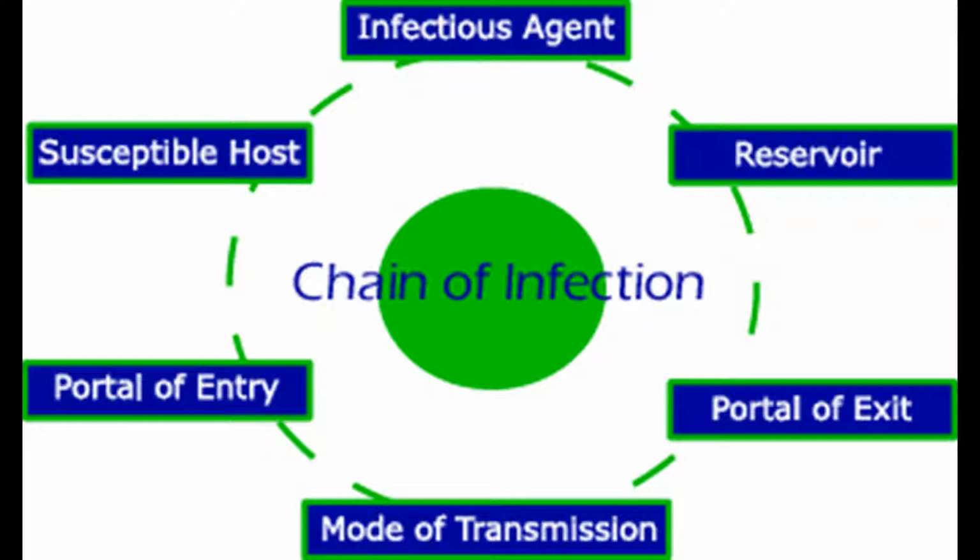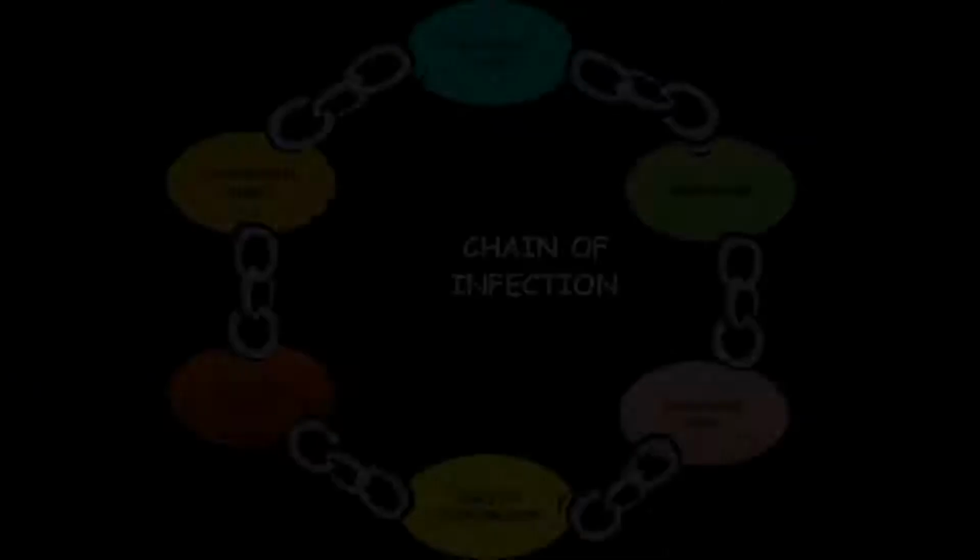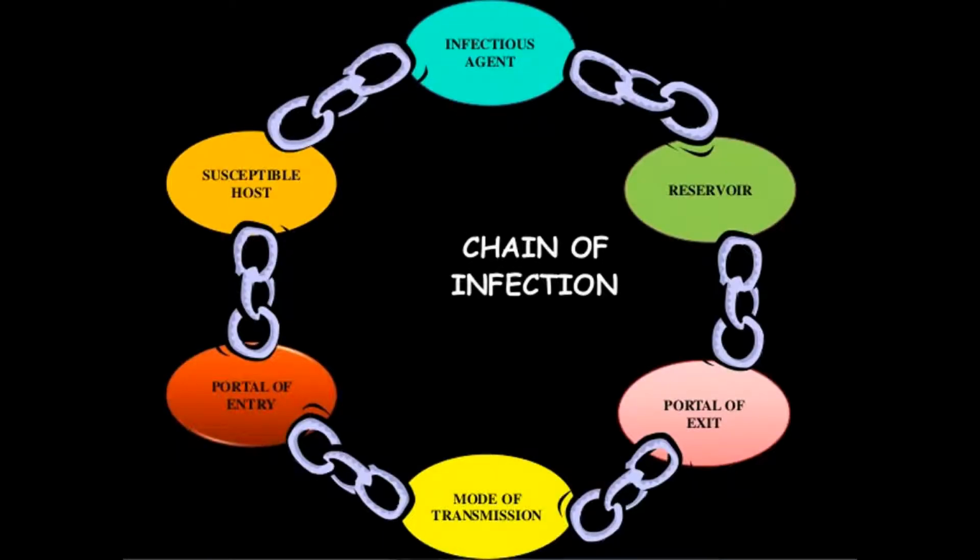Now, there are several elements in this chain of infection. Disease transmission occurs when, number 1, the agent or the pathogen or yung virus leaves its reservoir or host. Then, number 2, the agent leaves through a portal of exit.